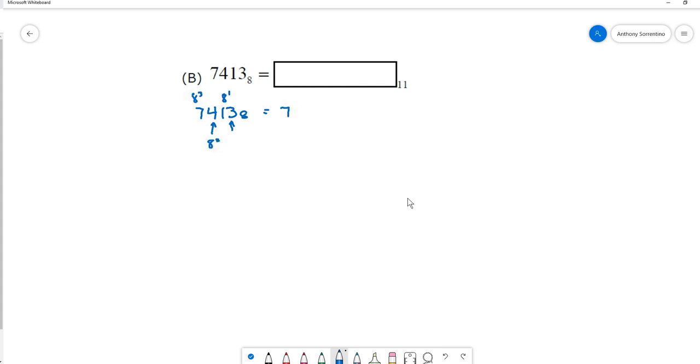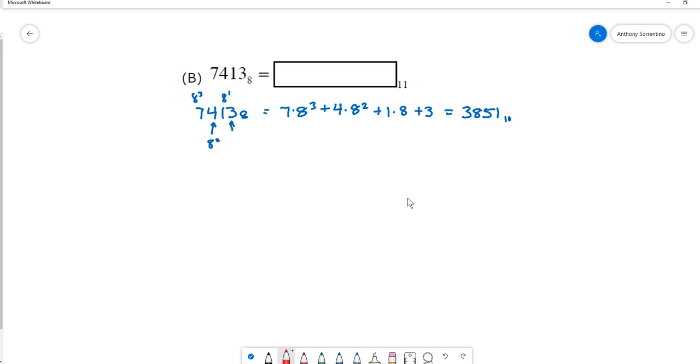So I have 7 times 8 cubed plus 4 times 8 squared plus 1 times 8 to the first, or 8, plus 3. And that ends up being 3851, base 10. Usually I don't have to put the base 10 under there, but just for the sake of argument.